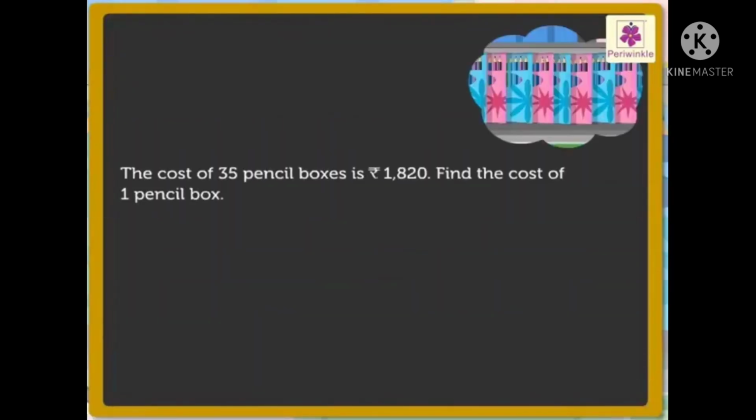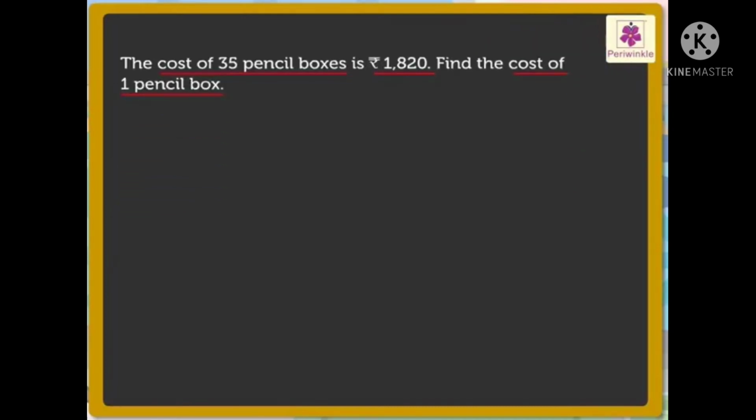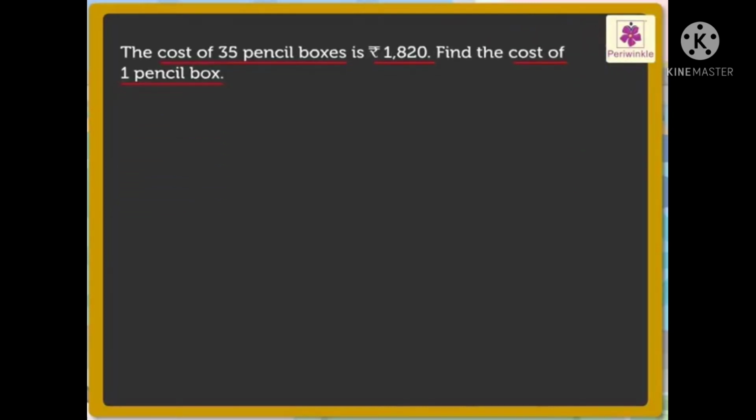Let us read the story. The cost of 35 pencil boxes is 1,820 rupees. Find the cost of one pencil box. So, we write the statements as the cost of 35 pencil boxes is equal to 1,820 rupees.